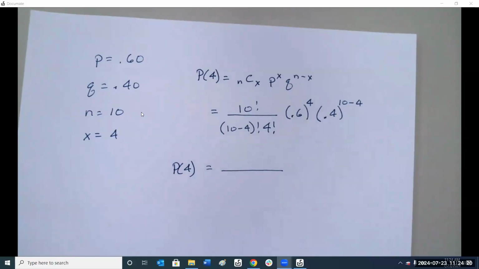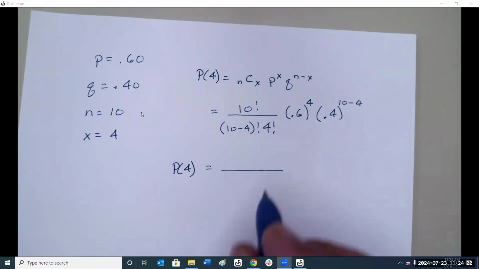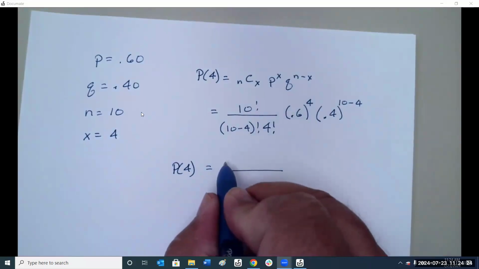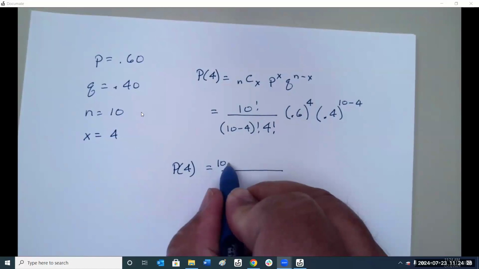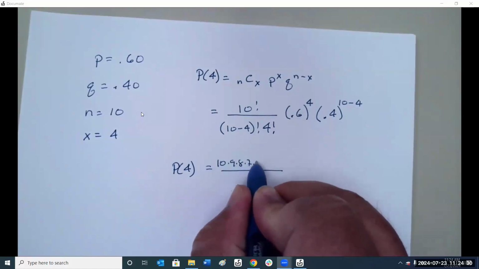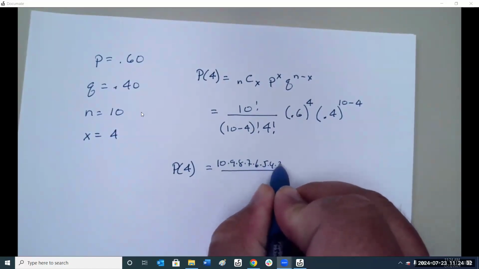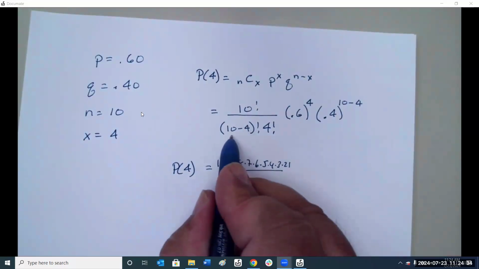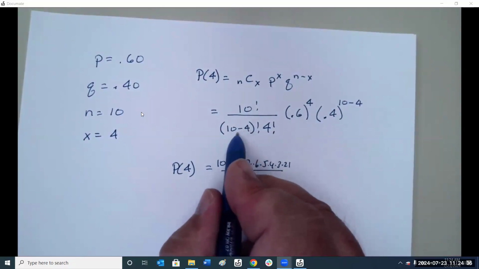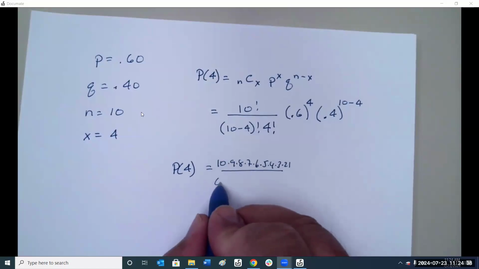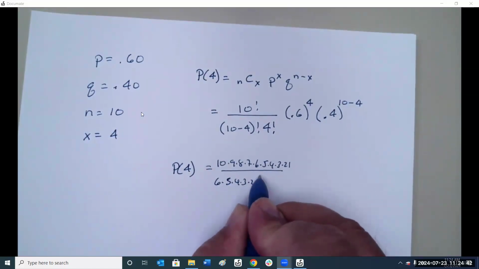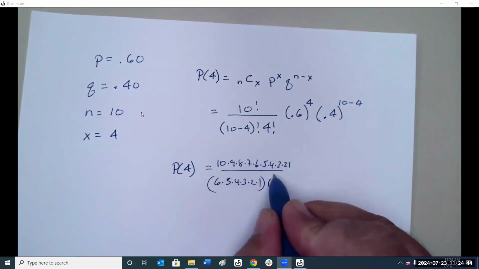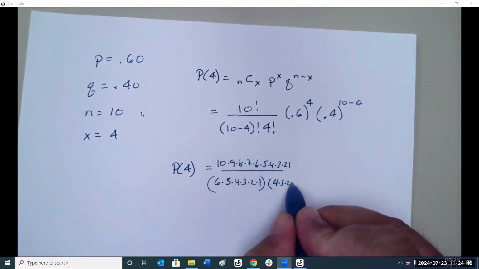On top, we have 10 factorial, which is 10, 9, 8, 7, 6, 5, 4, 3, 2, 1. On the bottom, we have 10 minus 4, which is 6. 6 factorial is 6, 5, 4, 3, 2, 1, times 4 factorial, which is 4, 3, 2, 1.